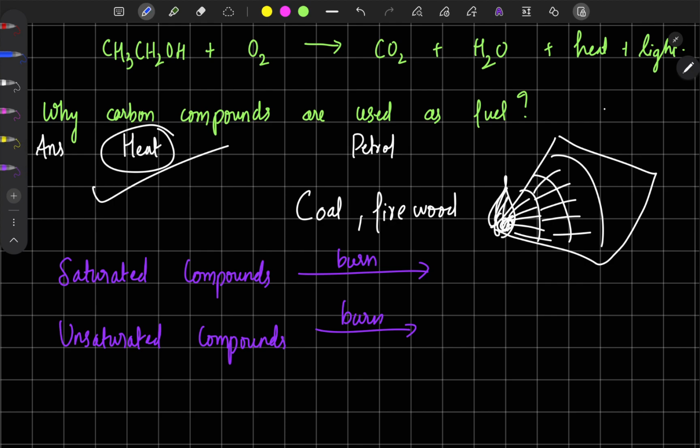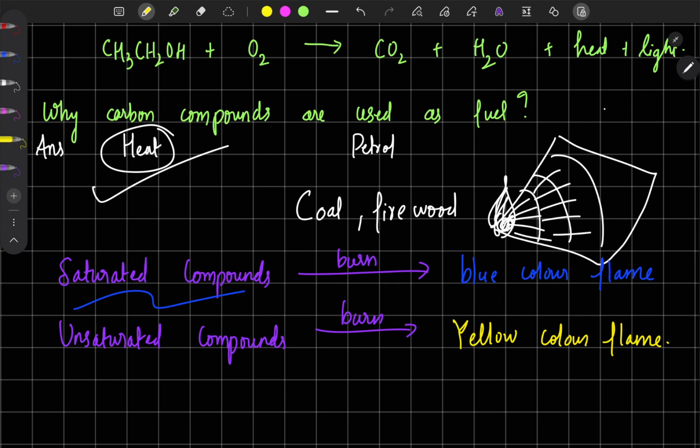Saturated compounds, when burned, give a blue colored flame. So don't forget that. This is because they mostly undergo complete oxidation. But unsaturated compounds, when burned, give mostly a yellow colored flame.